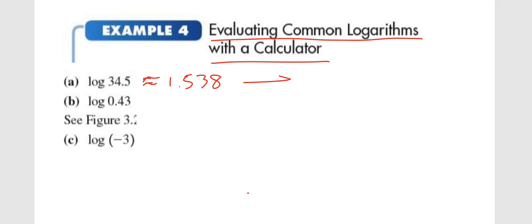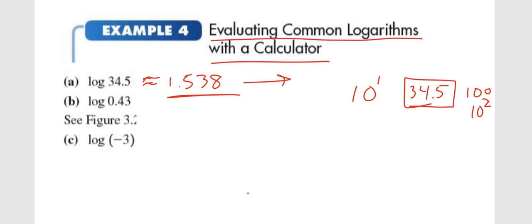Now, the only thing I would say to understand is, 34.5 is between 10 and 100. So this is 10 to the first, and this is 10 to the second, so it makes sense that the exponent on 34.5 has to be something between 1 and 2. So when I get to log 0.43, I end up with negative 0.367.